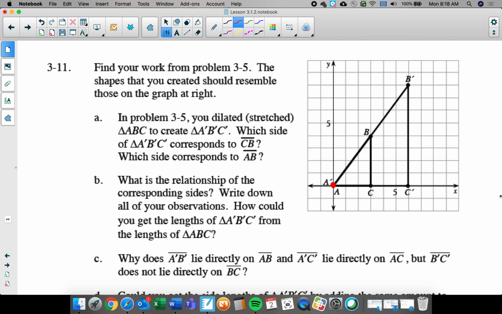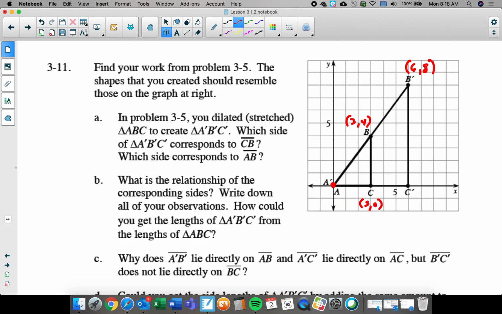So B, if you notice, has the coordinates 3, 4. B prime has the coordinates 6, 8. Okay. C has the coordinates 3, 0.